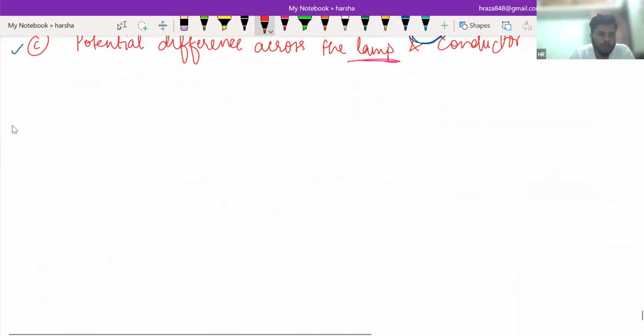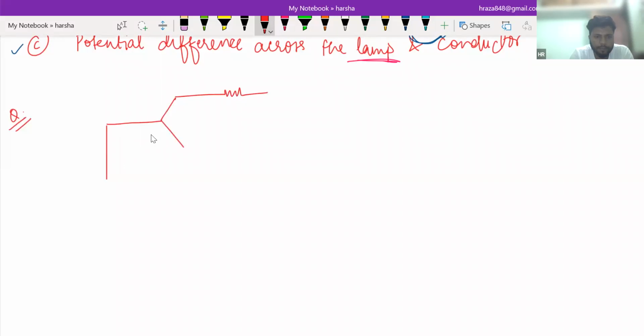Now we are going to do another question. First, I'm going to draw the diagram. So basically the representation is like this.